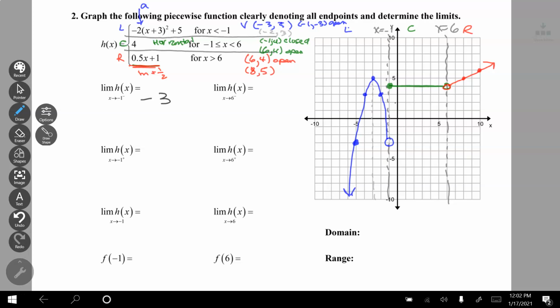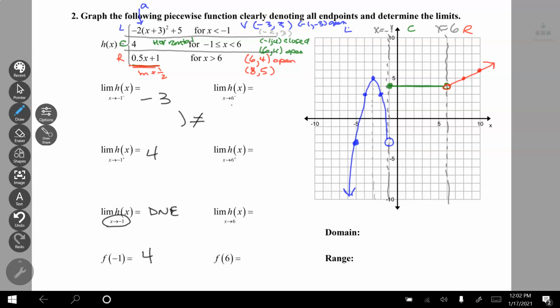The right side of -1 is this green graph, and it stops here at y equals 4. Well, since these two do not equal each other, when I do -1 from both sides, that's D and E. And this is a value question. It's looking for a solid dot, and the solid dot at x equals -1 is positive 4.